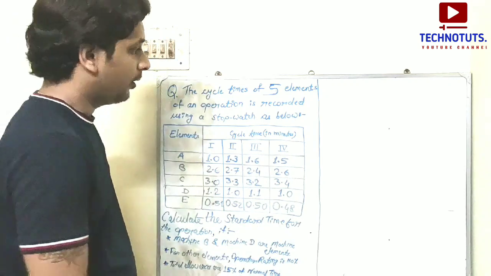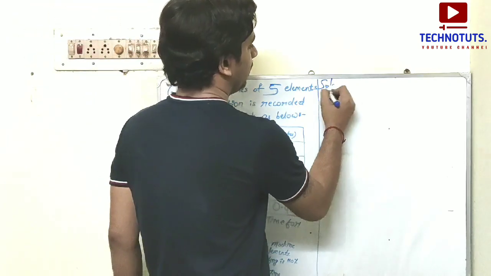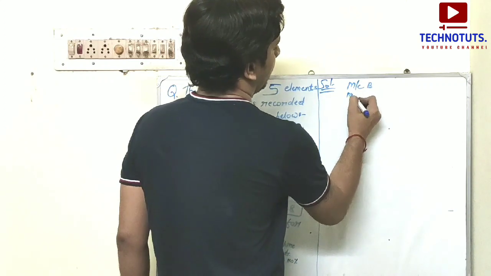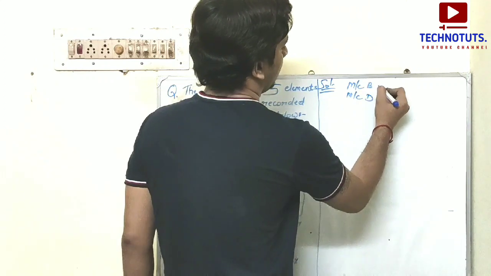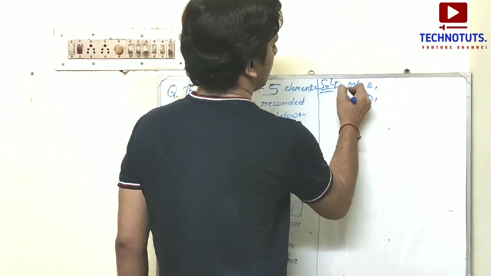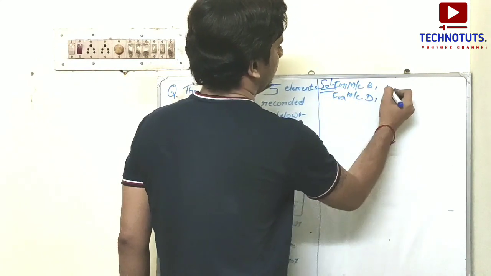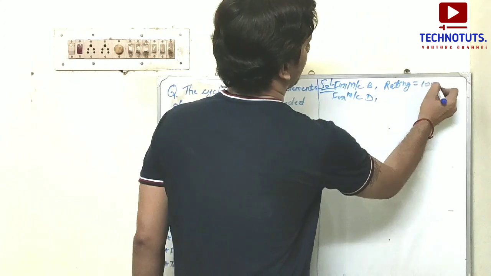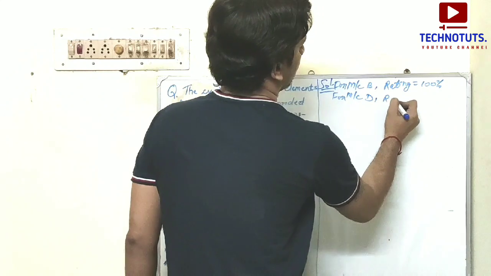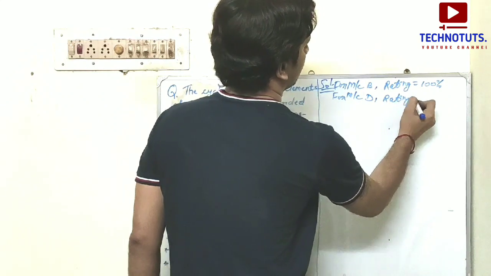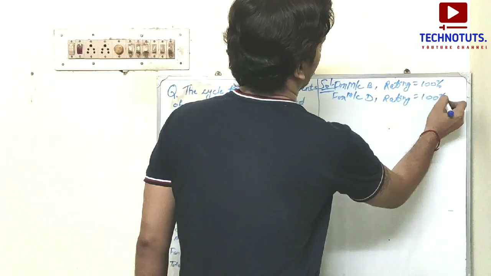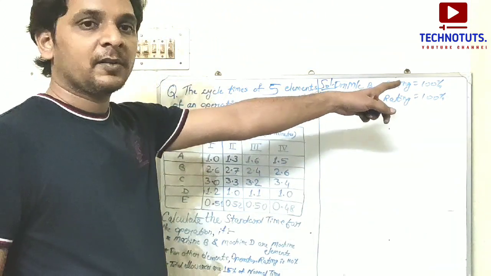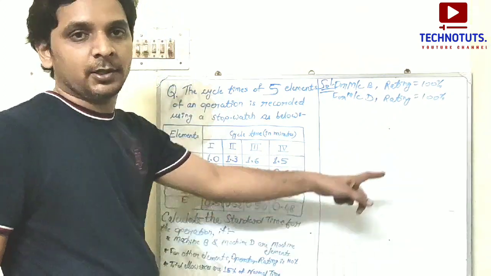That means for machine B and machine D, the rating is 100%. Understand why the rating is 100% here? Because B and D are machine elements.